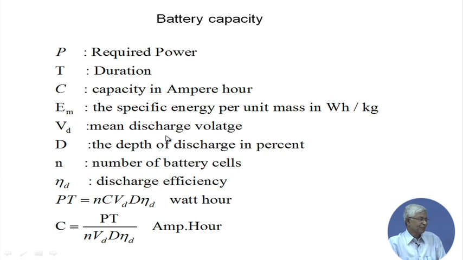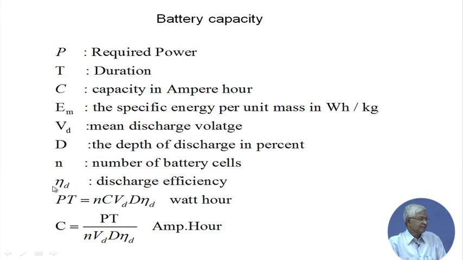Mean discharge voltage: as you draw the current out, the battery voltage will reduce. So mean discharge voltage is VD. Capital D is depth of discharge in percentage. N is the number of battery cells that is required, and eta D is the discharge efficiency.